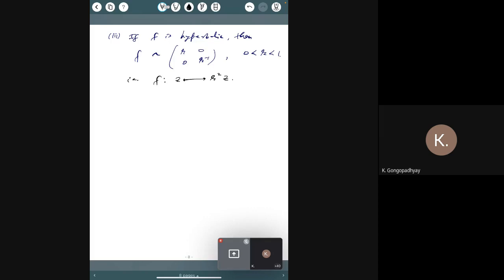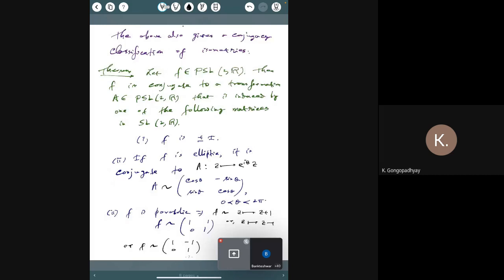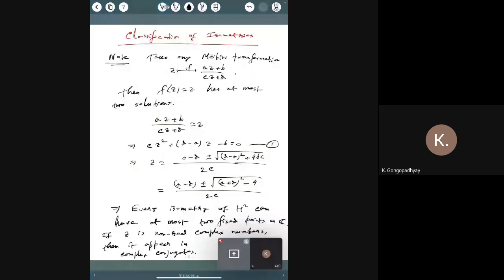Krishnendu, are you also considering the boundary, or only the hyperbolic plane? I think you are also considering the boundary. Of course, the boundary is preserved by SL2R. When I say that it has at most two solutions, the solution can lie in the boundary.